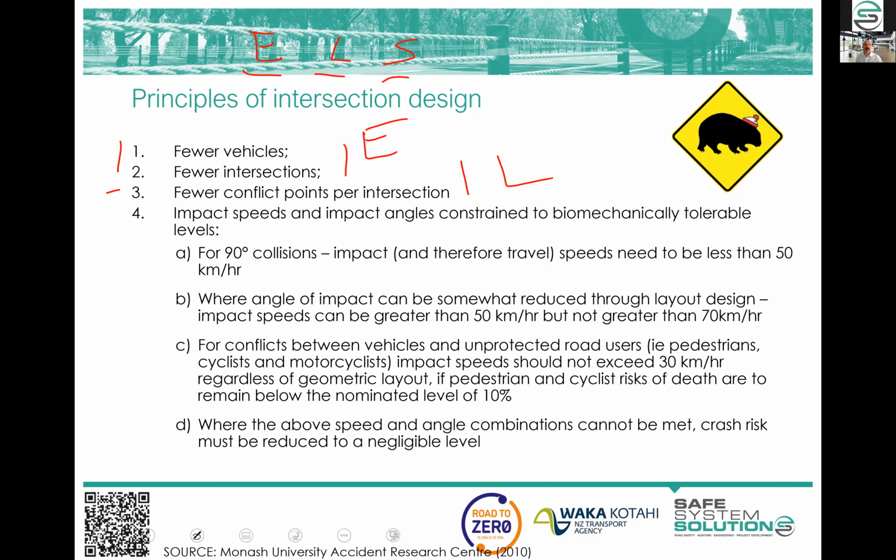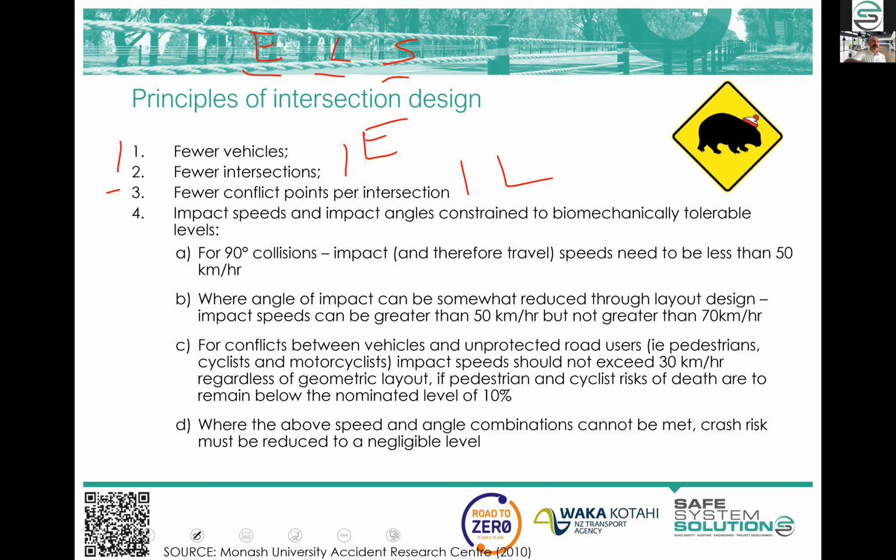Now, removing some conflict points may change the exposure as well, as in if you close off a right turn in or something like that, it lessens the number of vehicles turning in there. So you'll get an alteration in exposure, but it's not because of the reduction in conflict points, it's because of the reduction in the number of vehicles. I hope that makes sense. If it doesn't, don't worry too much, because we'll cover it in a couple of exercises and slides.